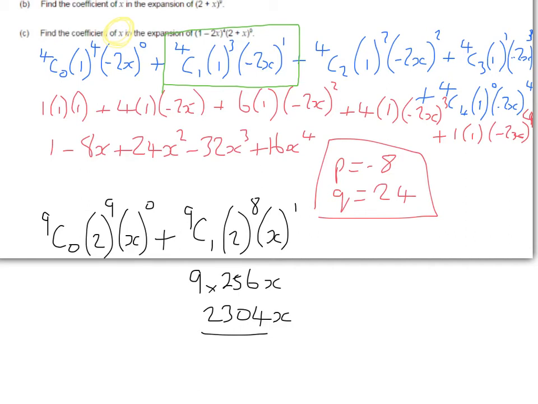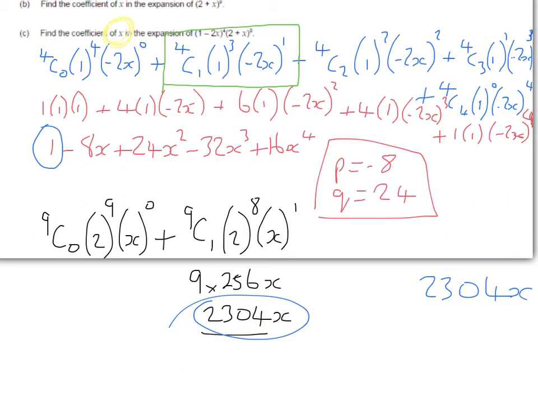I could get an x by multiplying 1 from this first part of the question. Remember, this is my 1 minus 2x to the power 4, all expanded out. If I did 1 multiplied by this, then I've got one of my terms. I've got 2304x.